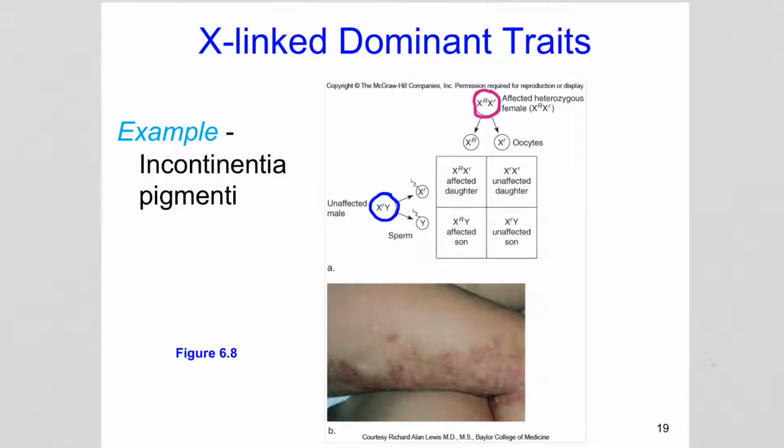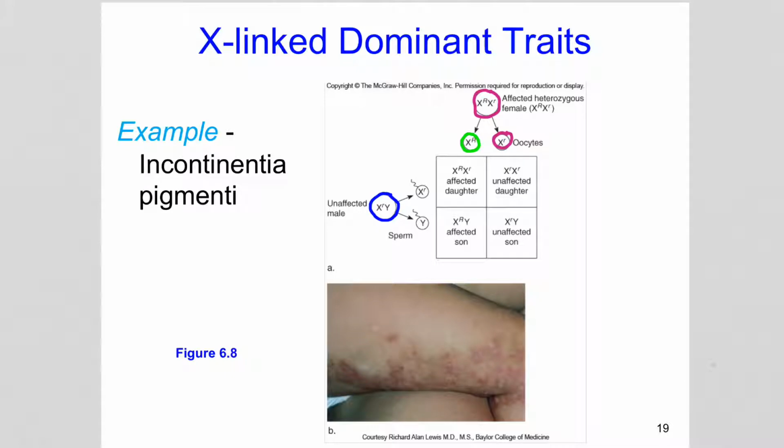So she only has one copy of the mutation. So this affected heterozygous female, half of her oocytes are going to carry, I like to use green to show the mutation, half of her oocytes are going to carry that dominant mutant, and the other half are going to be normal wild type.